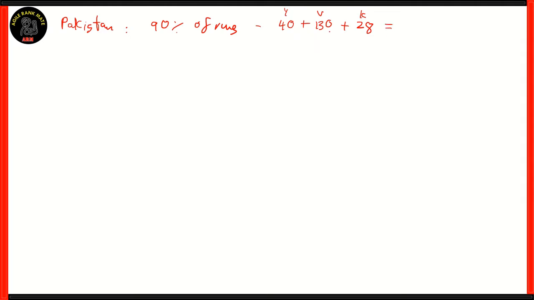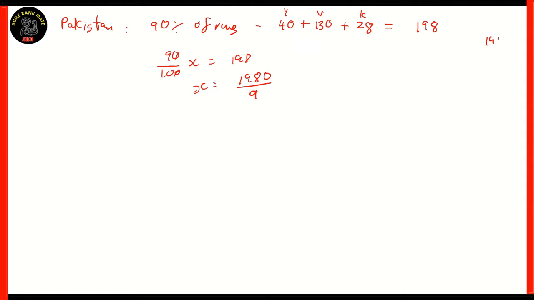So 130 plus 40 plus 28 gives you 198. So 90 by 100 times x gives you 198. So the zeros get cancelled, so the value of x is 198 times 10, which is 1980 over 9. So 1980 divided by 9 is the correct number of runs that India scored against Pakistan.